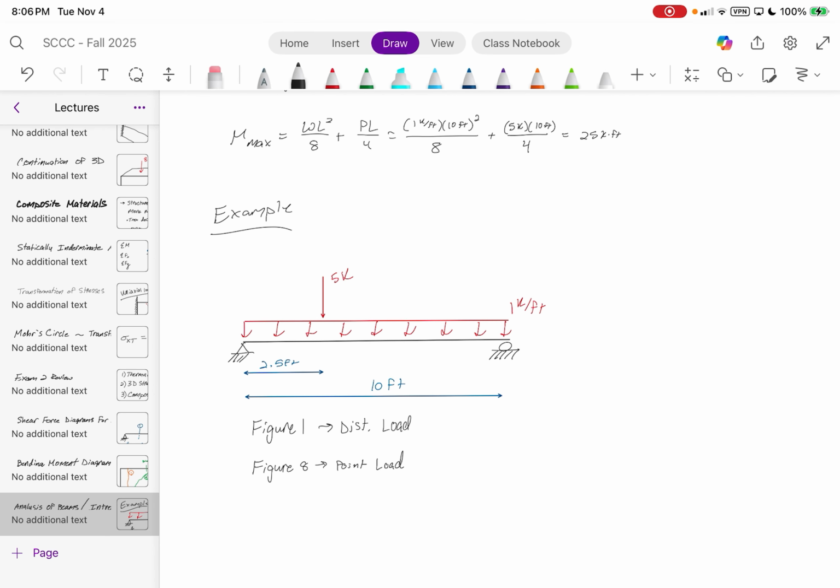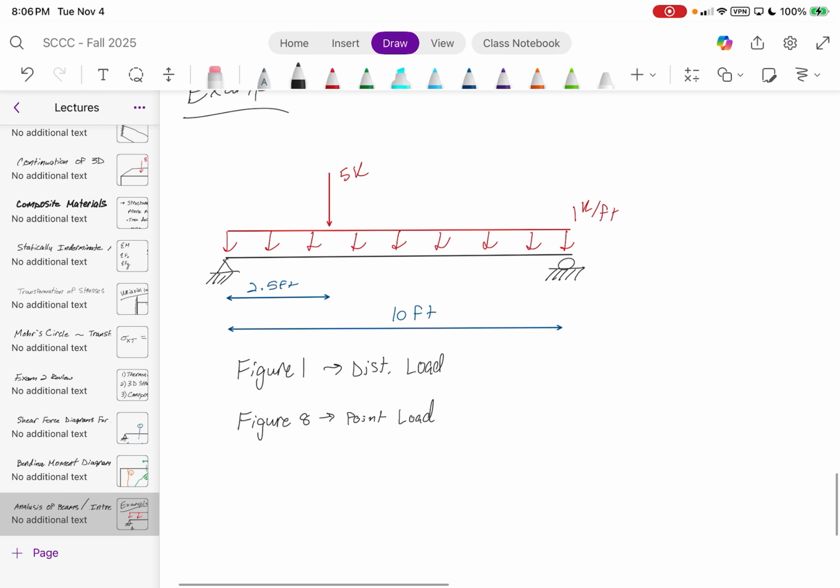No. So because of that, you need to calculate the maximum bending moment at two separate locations. Those two locations are where an anticipated maximum bending moment will occur here and where a maximum bending moment will occur here. Let's call these point 1 and point 2. Does that make sense why we're doing that?